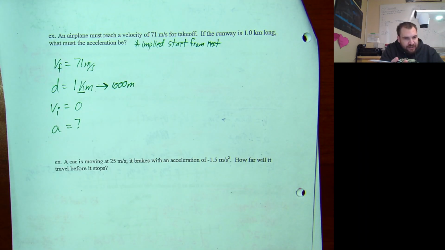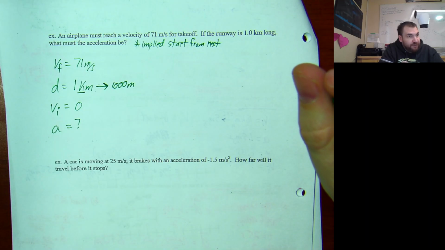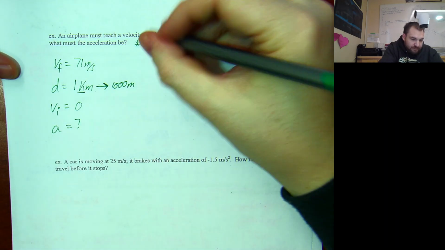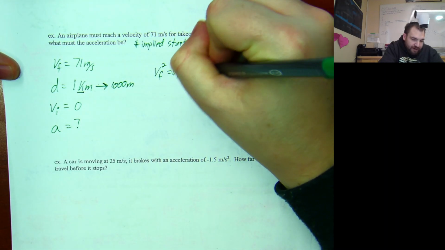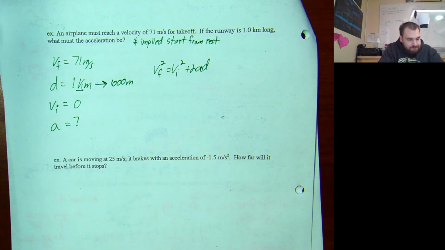Which kinematic equation am I going to use? There are 4 of them, and only one of them relates the 3 things we know to find the one we don't. VF squared equals VI squared plus 2AD. So let's fill it in.